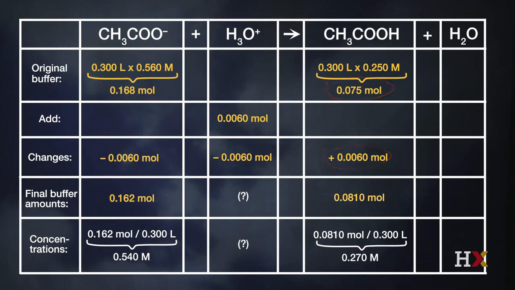So the concentrations, then converting it back to molar, is 0.54 molar because we have 0.162 moles divided by 0.3 liters for the conjugate base, and for the weak acid, it's exactly the same calculation, but in this case we have 0.081 moles, which gives us 0.270 molar. Then the next thing we must do is to do an acid equilibrium calculation so that we can redetermine the pH using this new equilibrium concentration.